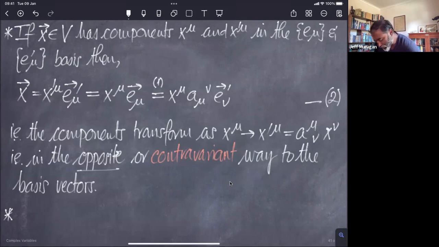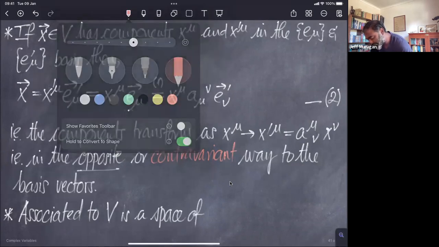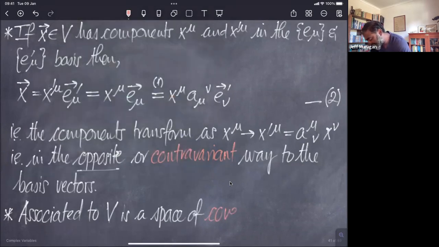So associated to the vector space V is a space of covectors, which I'm going to call V star, again, just following the notation that you're probably familiar with from linear algebra.